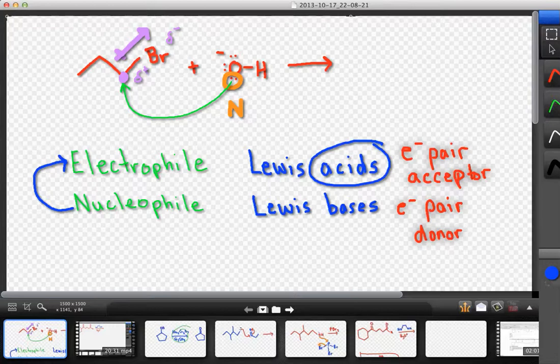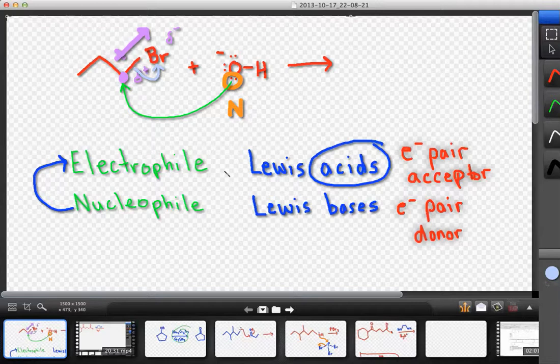Consequently, carbon, since it can only make 4 bonds, will give up its bonding electrons to the more electronegative bromine atom, and the bromine atom will be the acceptor of that electron density.